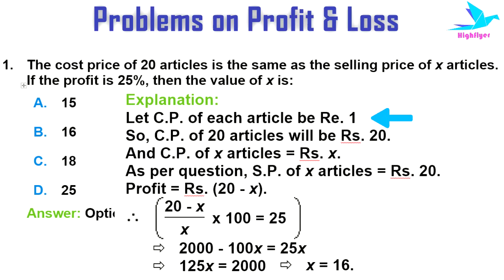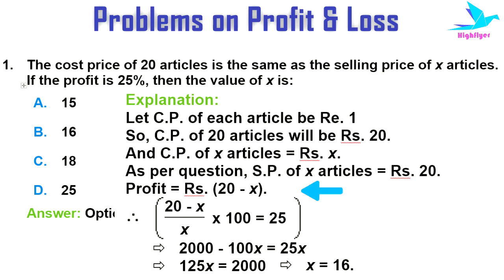Let cost price of each article be rupees 1. So cost price of 20 articles will be rupees 20 and cost price of X articles will be rupees X. Now as per the question, selling price of X articles will be rupees 20 because it's given that the cost price of 20 articles is the same as the selling price of X articles.